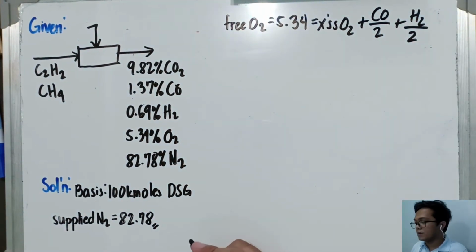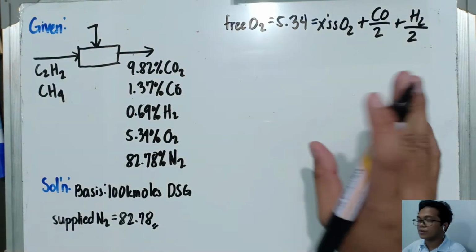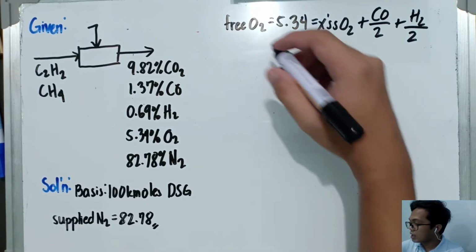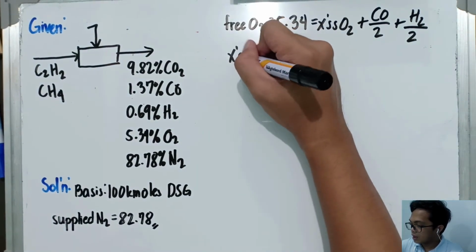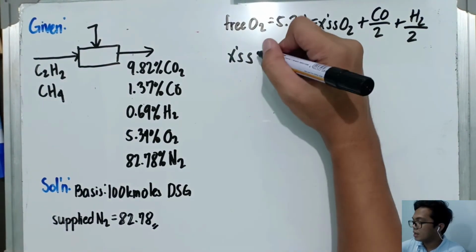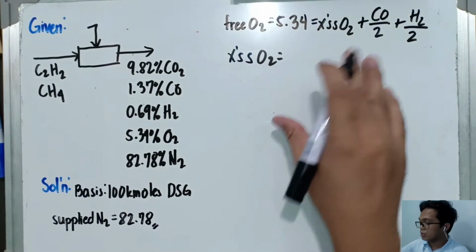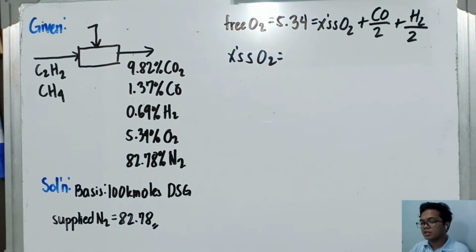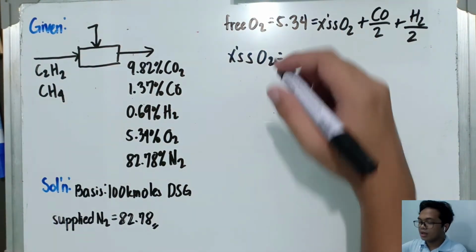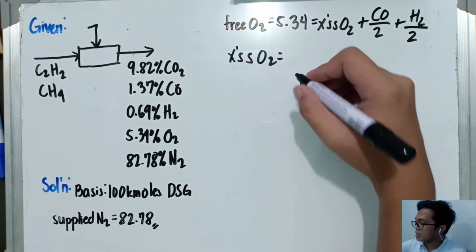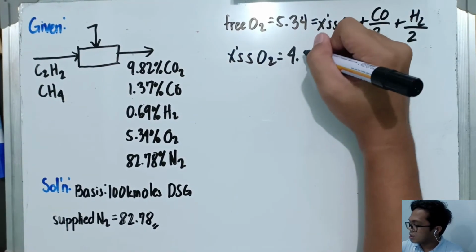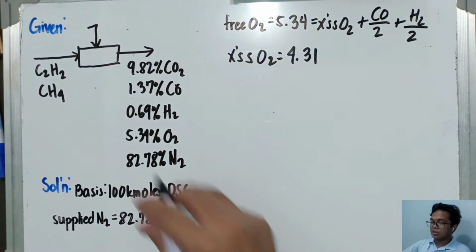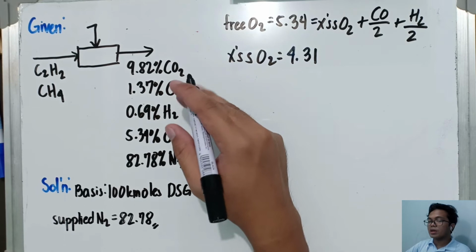Substituting the values of CO over 2 and H2 over 2, and then just transposing them to the other side, we can get our excess O2. I'm not gonna show that fully, but you should be able to understand that we just substituted the values of CO and H2 and then moved them to the other side. In any case, we get our excess O2. This is 4.31.